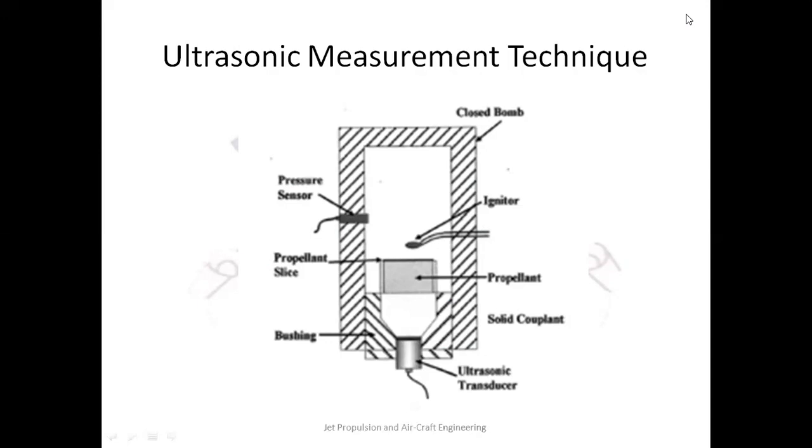An ultrasonic transducer is attached to the coupling material, which emits mechanical waves that travel through the tested material and are reflected at the burning surface and return back to the transducer. Burning rate can be measured by the time required for the mechanical wave to travel through the propellant sample.